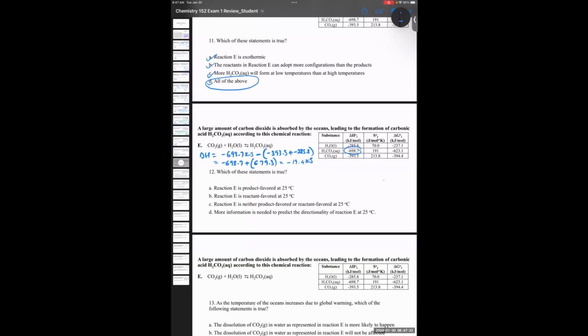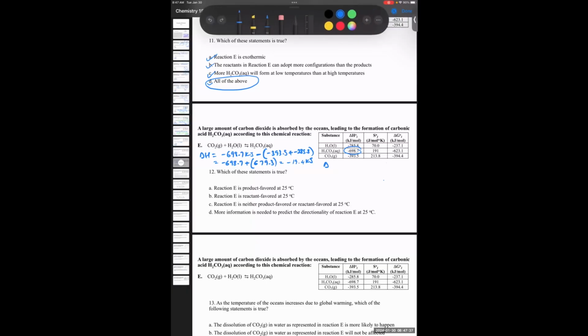And delta S now. Let's have a different color, green. Delta S is again products minus reactants, so it's the standard entropy values over here.